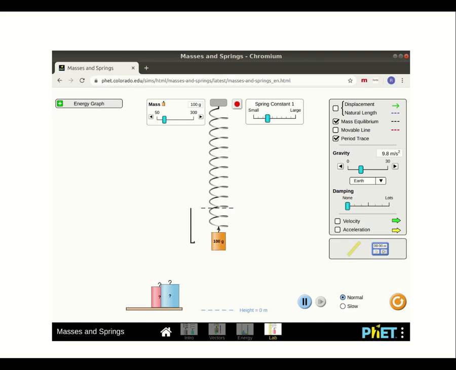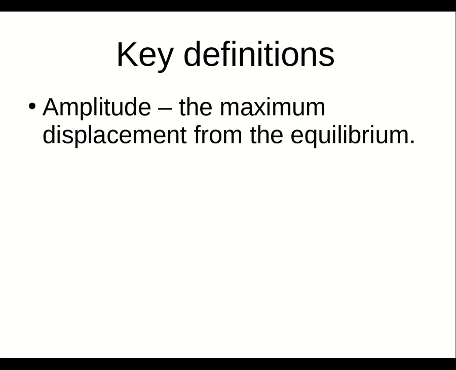Full speed, and in slow motion. Equilibrium, amplitude, equilibrium, amplitude, equilibrium. So it has to end up back where it started, going in the same direction that it started. Right, let's define some things.